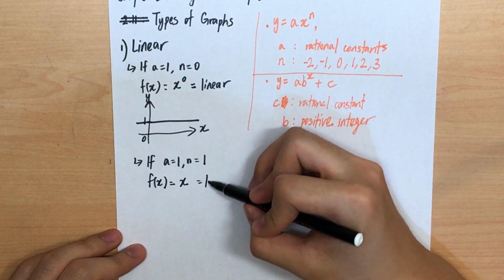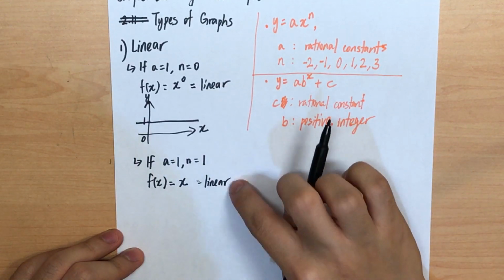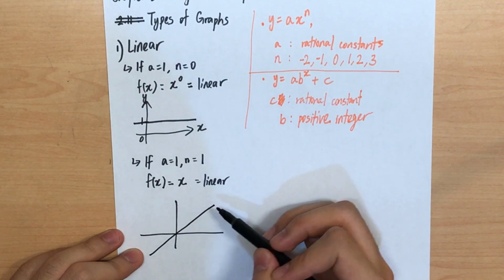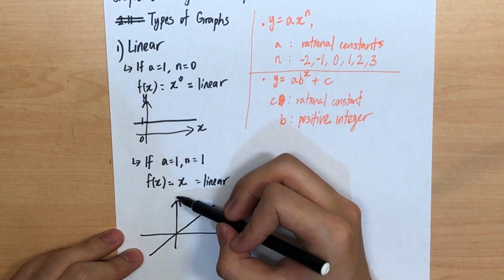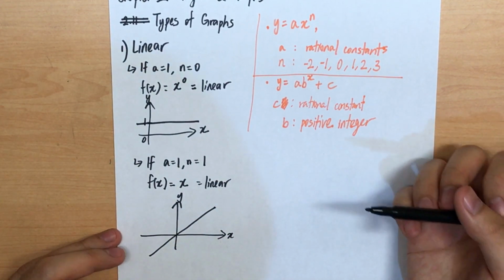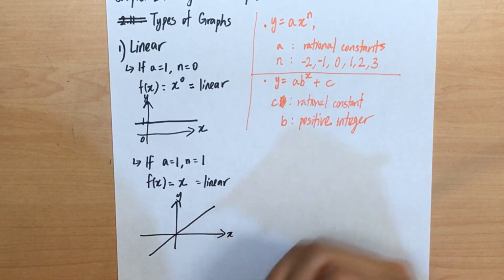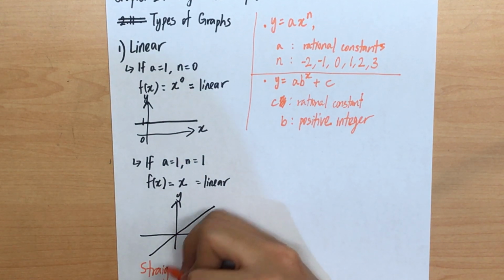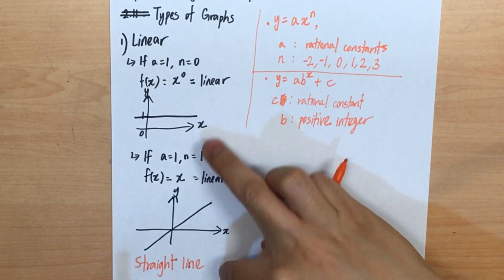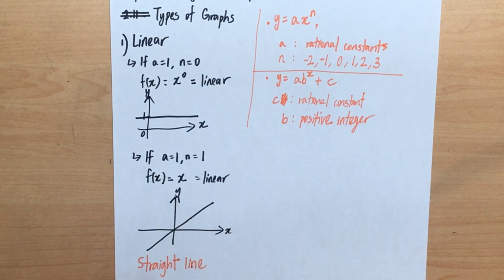This is also a linear graph, a straight line passing through the origin. So these 2 graphs give us a straight line graph. That's all about linear graphs.